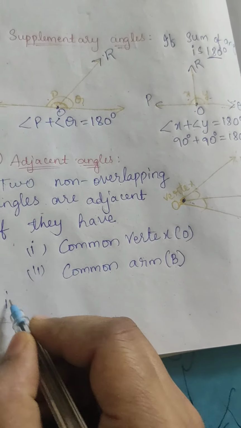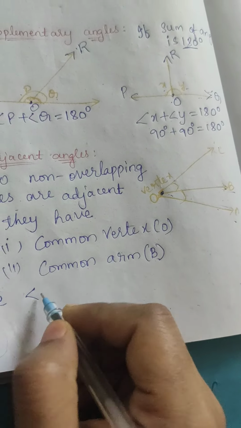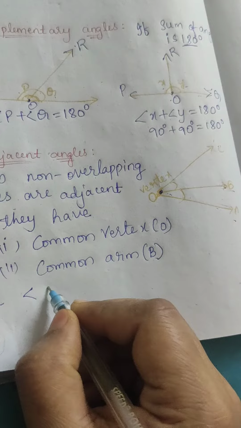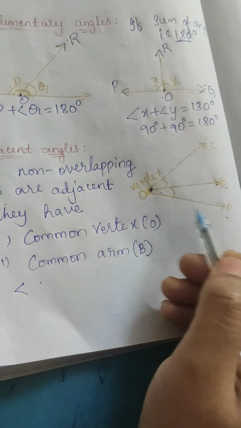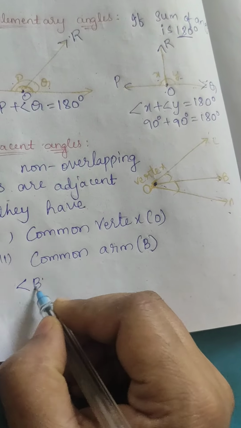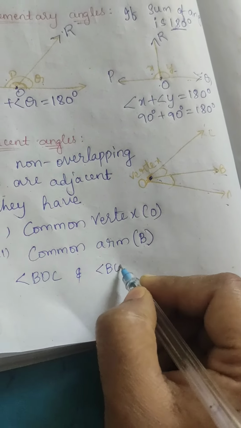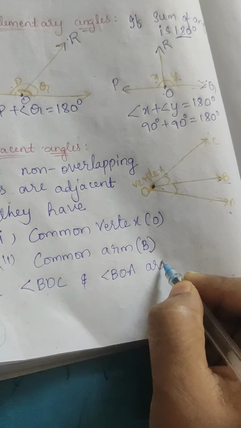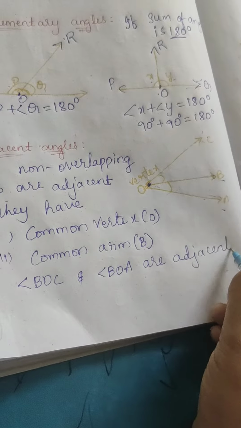That is, angle BOC and BOA are adjacent angles.